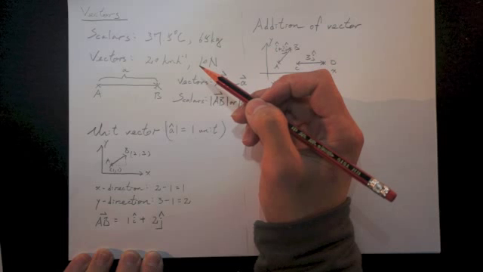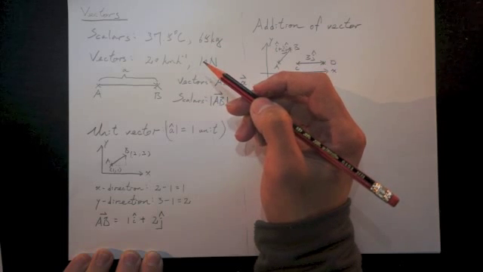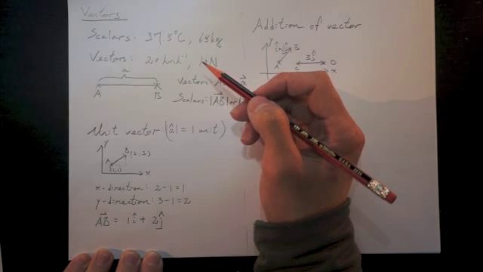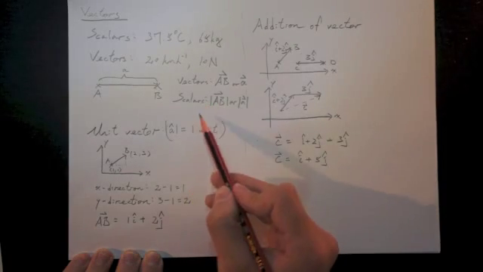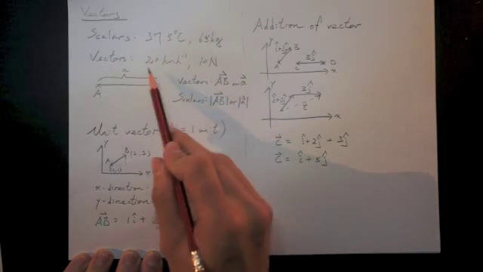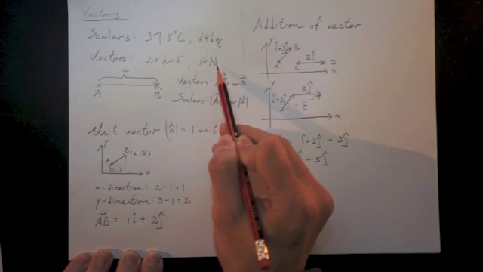Quantities that have both magnitude and direction are called vectors. For example, velocity or force.